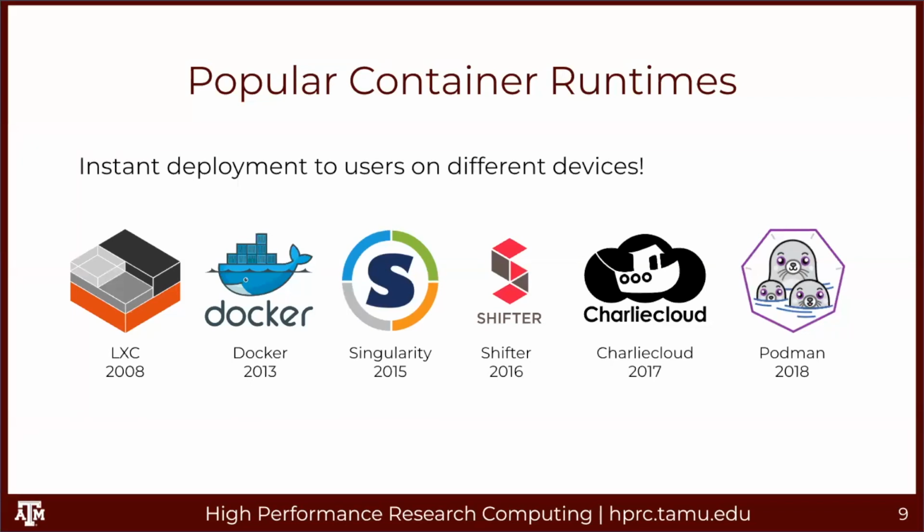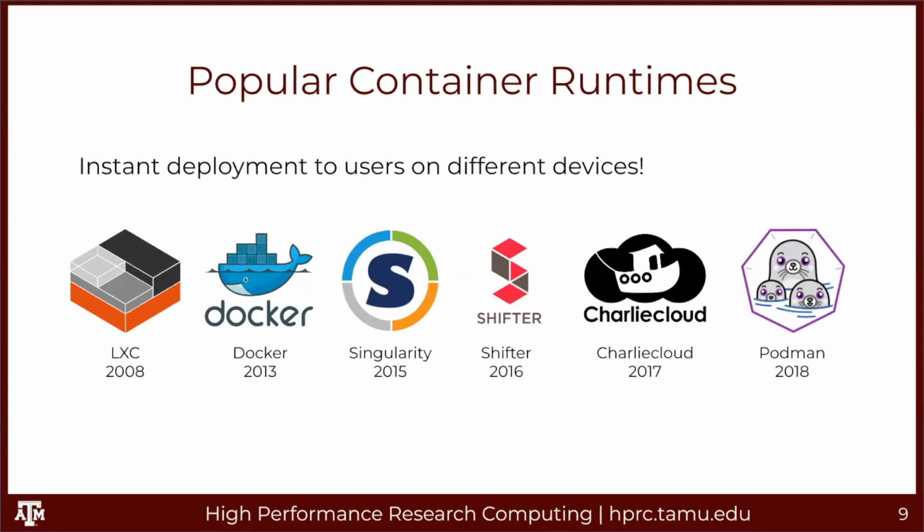However, Docker is not perfect. It does have some problems. Namely, Docker is not compatible with principles of high-performance computing clusters, such as sharing nodes with other users. In order to use Docker, you need to have root permission to launch the Docker daemon, and we can't give root permission to users who are sharing nodes. So Docker is simply not available on basically any HPC clusters.